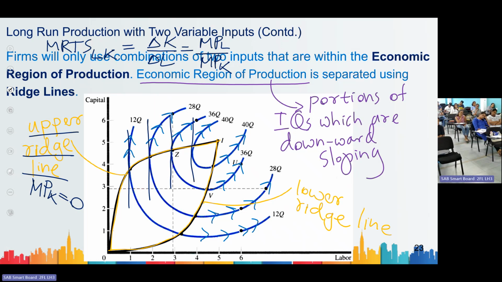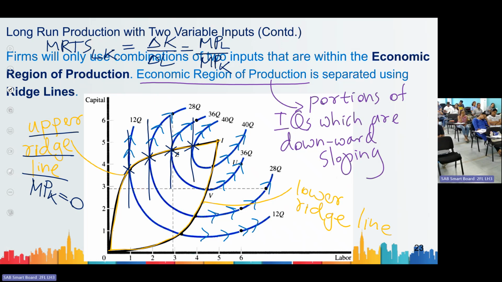So marginal product of capital will be 0 at this point, at this point, at this point, and at this point.